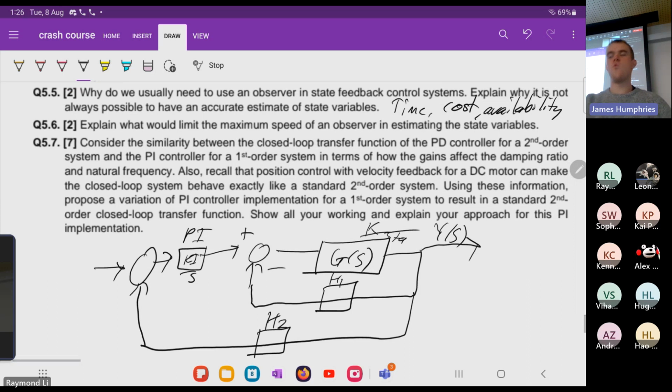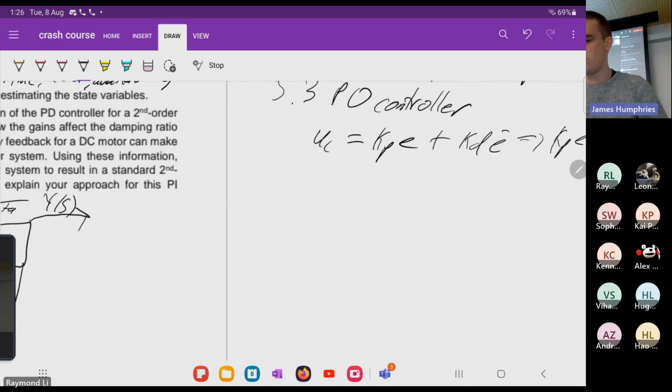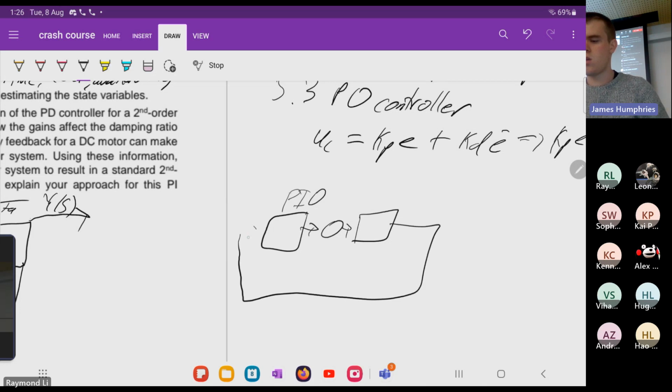When it references the lab, it's referencing where we had the derivative block that we deliberately did not put into the front and instead put back into the feedback path, such that we could have this configuration where we have this as our PID, and then KD goes from that to there.